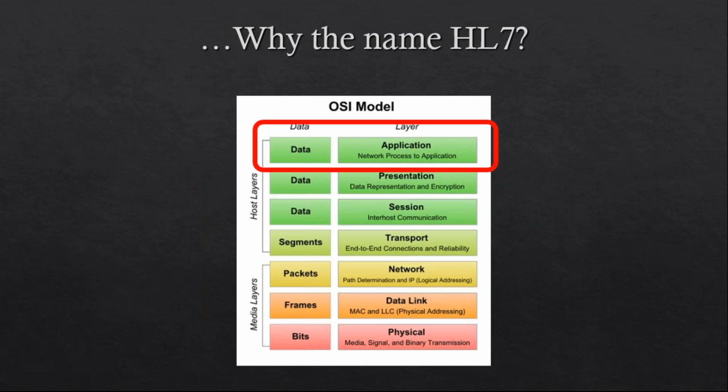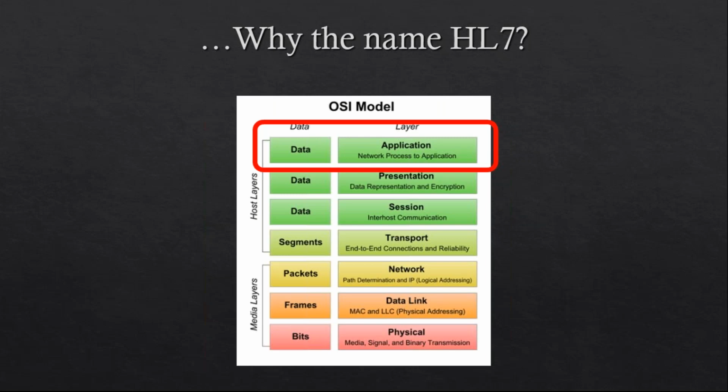You can research more on the OSI model if you don't have an idea about it. But the reason we look at the OSI model is that the HL7 messages that are going to be generated, all of that operation, will be done within the application layer of the OSI model, which is the 7th layer.